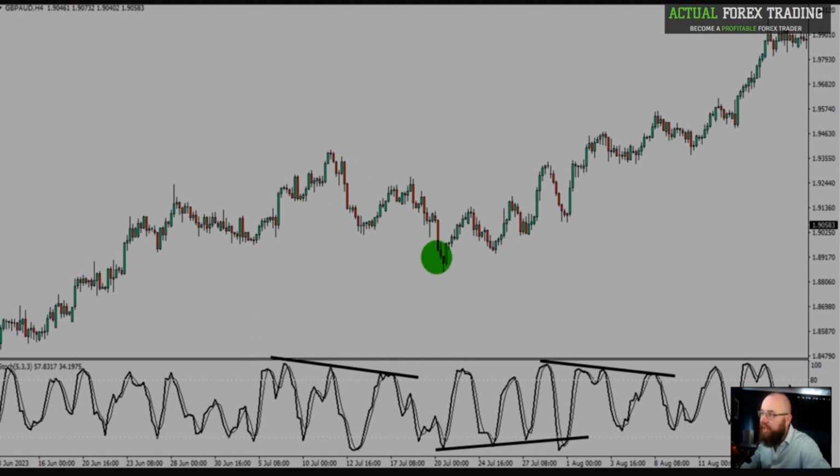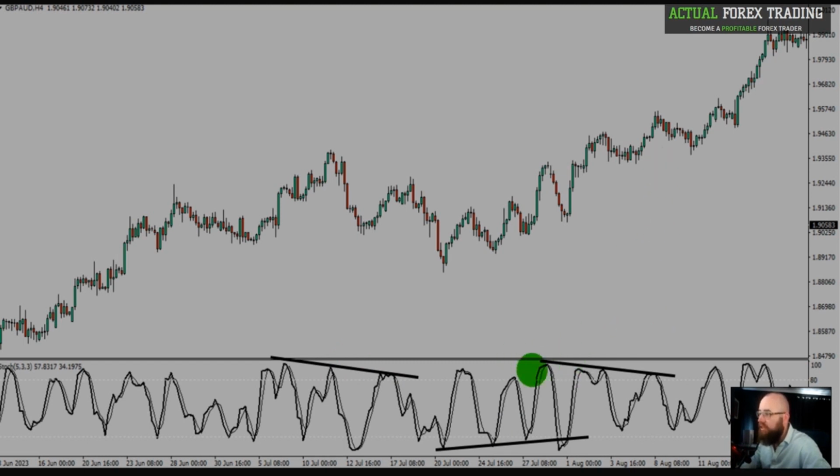That can signal the end of the trend, which happens with like this head and shoulder pattern, and price comes down. We then have this downtrend, so we have lower highs, lower lows, but the stochastic forms higher lows, 1, 2, 3, and we have an uptrend. So this divergence, these opposite highs or lows compared to the price action on the chart, can signal that a market is going to reverse, a trend is coming to an end.